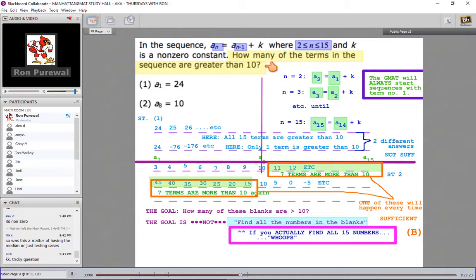It's not necessary. So it's not tricky. There's nothing tricky about this question, and there won't ever be anything tricky. The question is stated in a way that's perfectly straightforward, and this is the goal. There's no tricks. If you have this goal in mind and you just test a couple of cases, you'll get the problem right. It's important that you not think of it as a tricky question, because it's not.